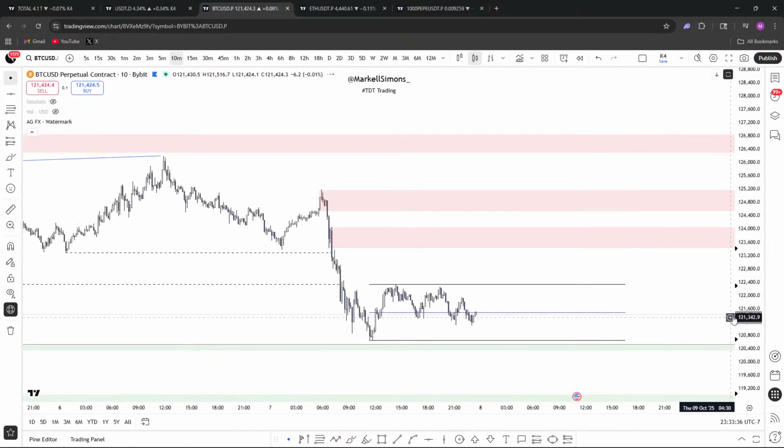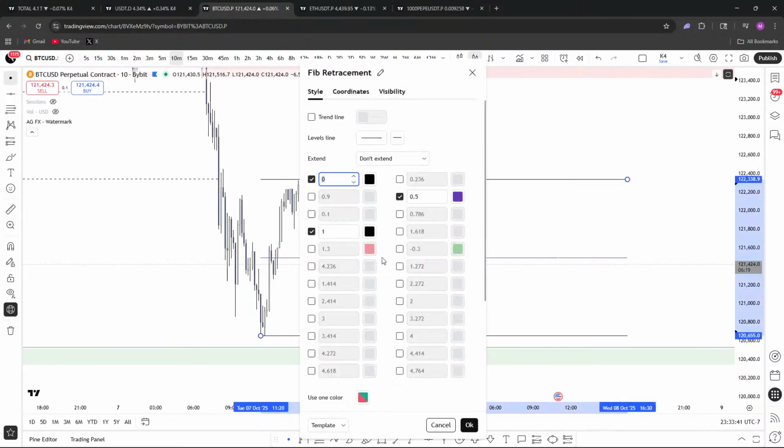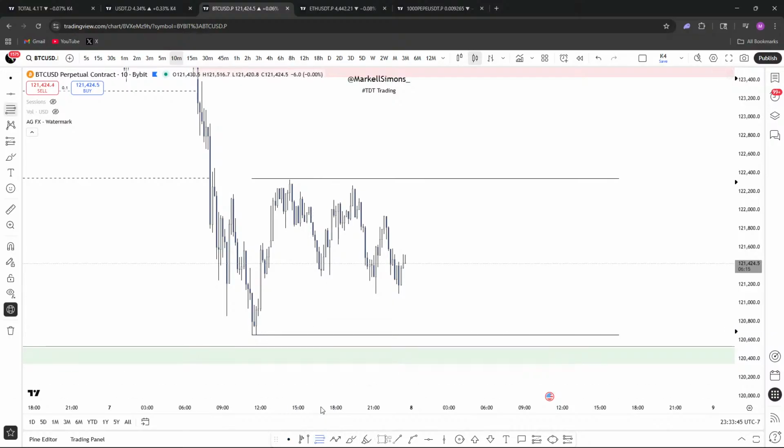BTC looks like it's accumulating, but I wasn't trying to pay attention to this. I was looking at it as a bigger range, but if you actually pay attention, it does look like we're accumulating. Did we sweep this low? Yes, we did.